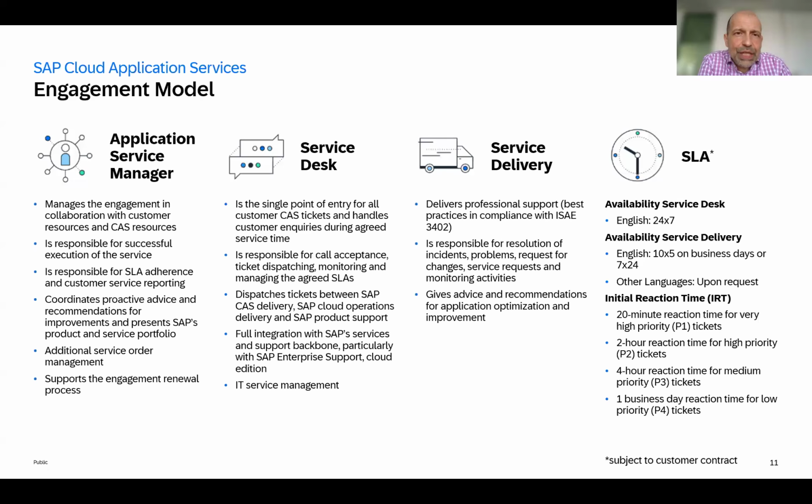On the other side, we have the service desk, which is our single point of entry. That means we utilize SAP for Me to open tickets. If a customer opens a ticket in SAP for Me, our service desk takes care of this ticket. This is a 24/7 offering from CaaS.